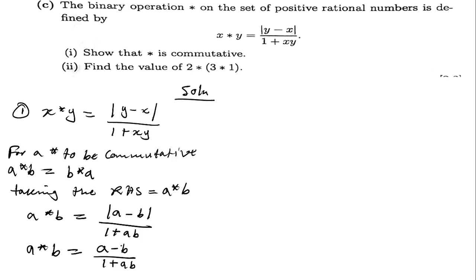If you check what we did with the first part on modulus expressions, the only thing that changed was the other side, because this modulus can also be written as that. a minus b can also be written as that. That's the same thing.